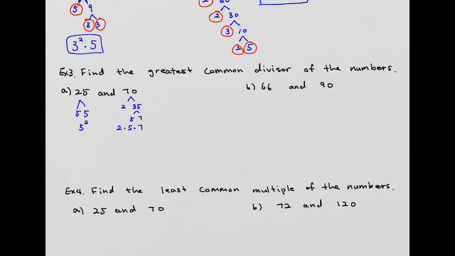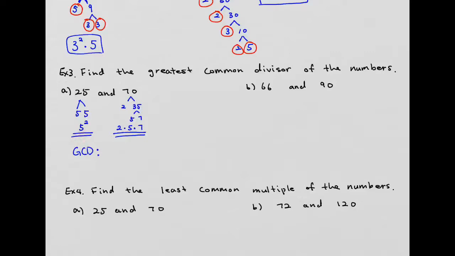So we're looking at the prime factors from both numbers. In order to find the greatest common divisor, find the overlapping values. So this number right here, you have two 5s. This number, you have one 5, and 2 and 7. This number has 2 and 7, but the other number doesn't have 2 and 7.